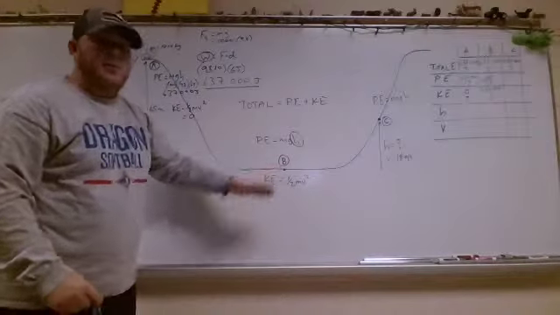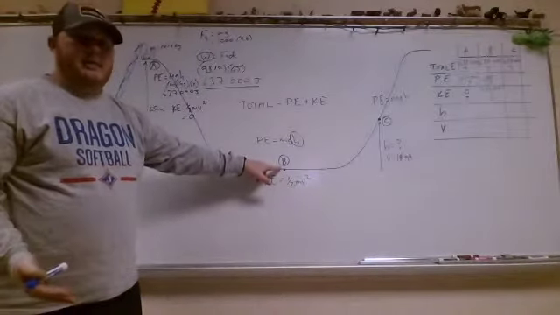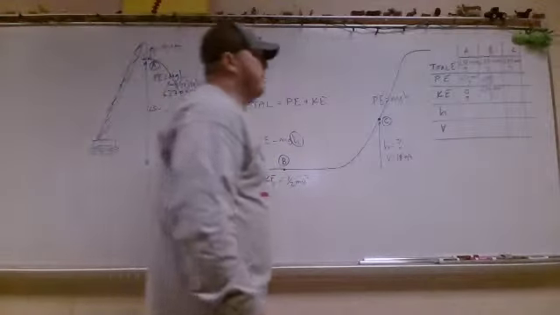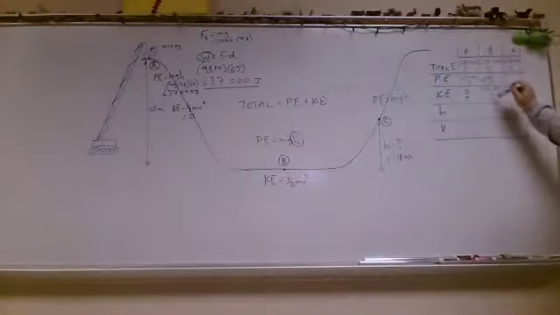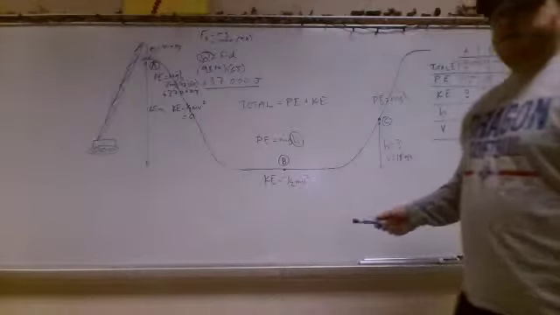And down here at the bottom, you have the biggest speed that you're ever going to have, so your kinetic energy has to be at a max. So that's why we have a max kinetic energy down here and a minimum potential energy here at B, and they're just flip-flopped from point A.